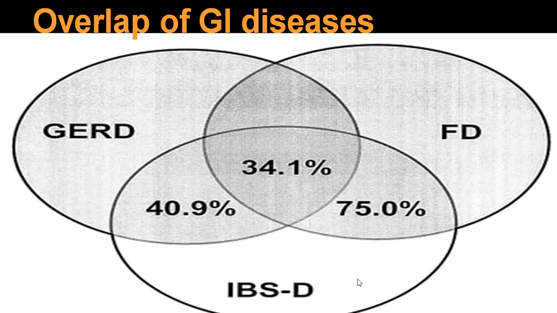There is an overlapping between IBS and functional dyspepsia in 75% of the people. So there is a very big group where you have got overlapping of symptoms of functional dyspepsia and IBS, functional dyspepsia and GERD, and all the three together almost in 35%, 34% of the people. So good number of times it is only after investigation you can differentiate into GERD, IBS or functional dyspepsia.